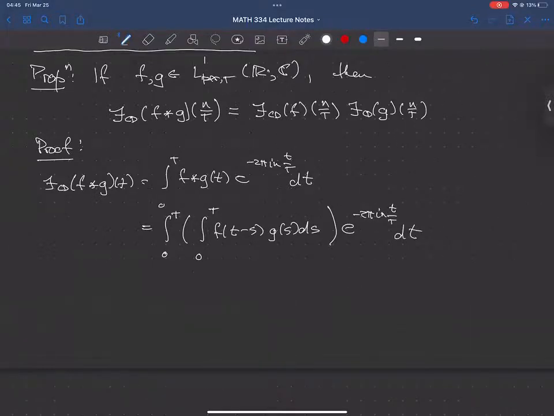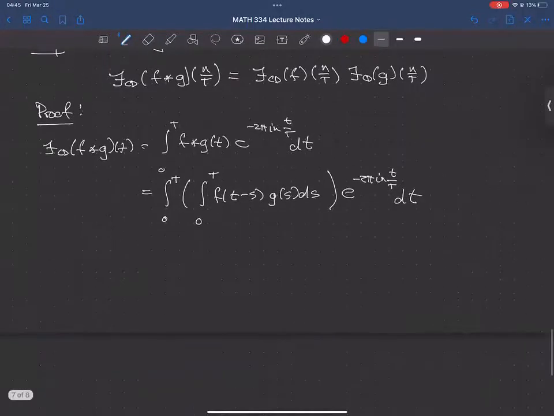Then what I want to do is swap the order of integration. This one's a little bit easier, or you have to think about it less, than our previous application of Fubini's theorem where we swapped orders of integration, and the reason is that we're just integrating over the whole square from 0 to T. So we can swap the order without having to think hard about the limits of integration.